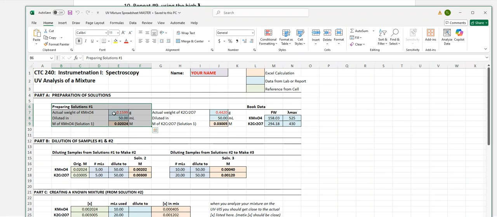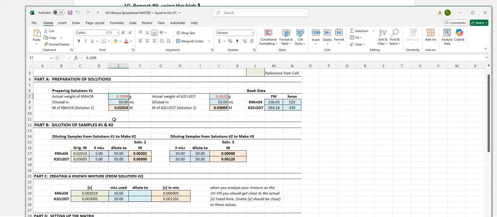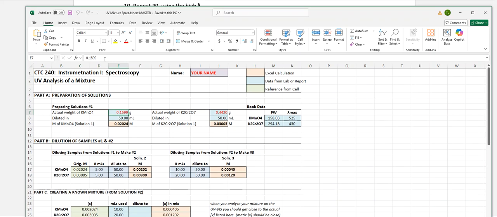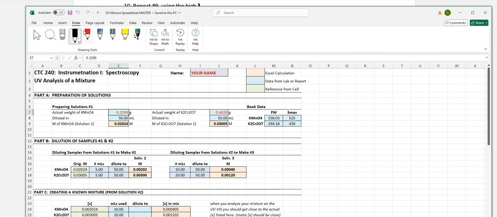All right, so let's talk about this very first piece here under the manganese. This is just a little bit of review, really, as far as the preparation of solution number 1 under the manganese. So we took 0.1599 in the spreadsheet, and these are the grams that we have weighed out of the manganese compound.